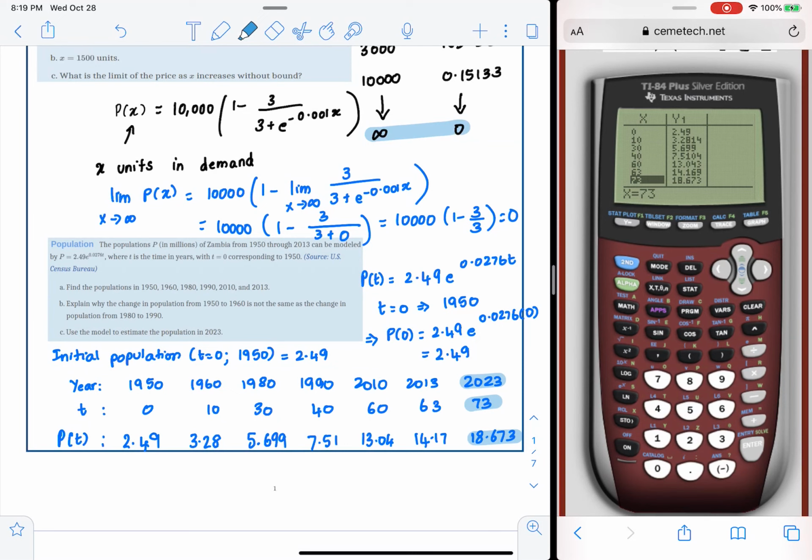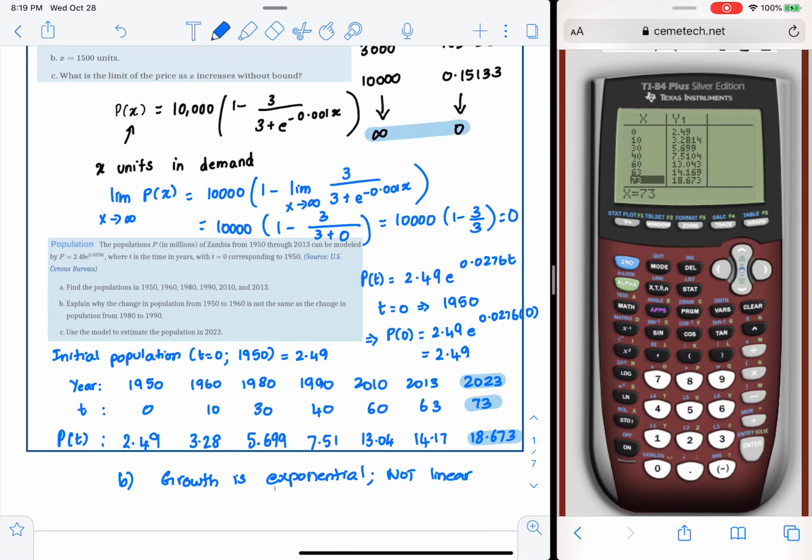And to answer part B, which asks why the change in population from 1950 to 1960 is not the same as the change in the population from 1980 to 1990. Clearly it is not the same. The reason being the growth here is exponential, not linear. If the change is linear, then we would expect a constant slope, but that isn't the case. Here we have an exponential growth.